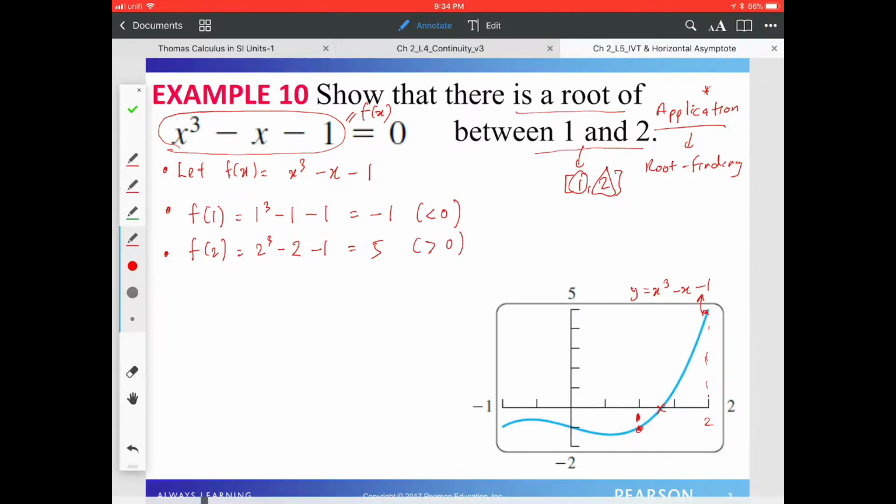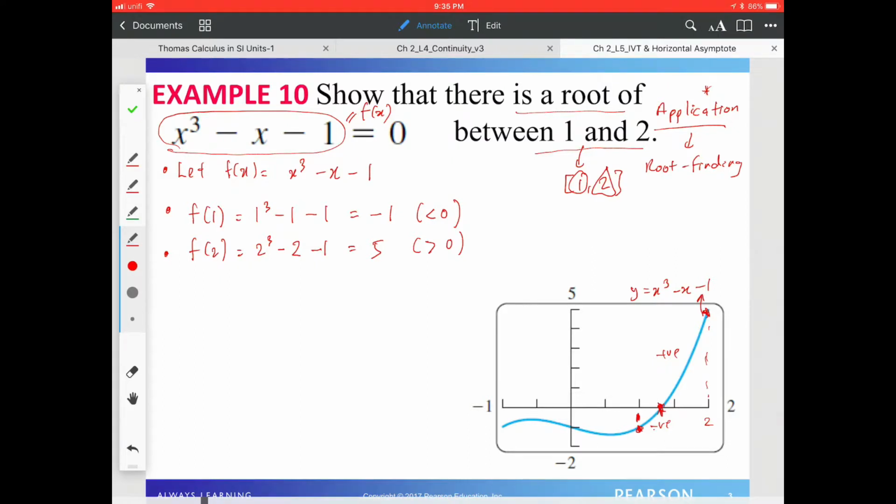From here we know that the function changed its value from a negative value in this part of the graph to a positive value in this part of the graph.